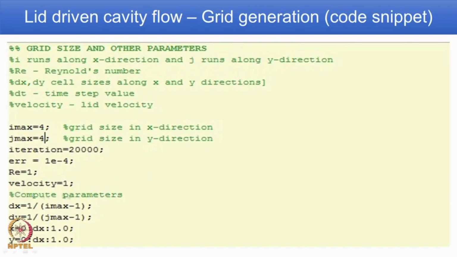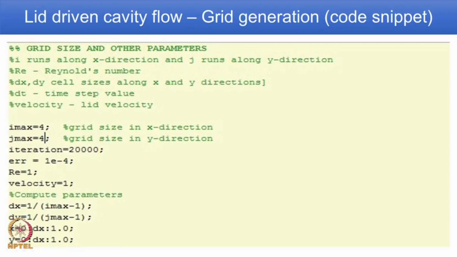So, we have compute parameters, then dx equal to 1 by imax minus 1 and dy equal to 1 by jmax minus 1. We decide the number of grid lines in that particular direction, given by imax and jmax. Then the starting point for x: x equal to 0, it goes to 1 with the delta x defined as dx.